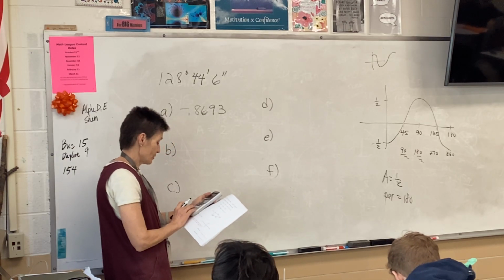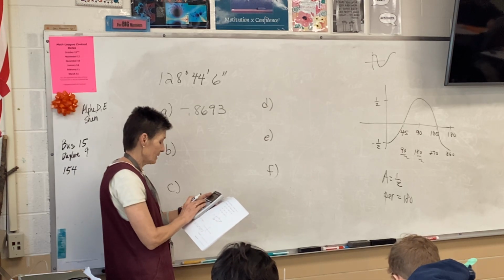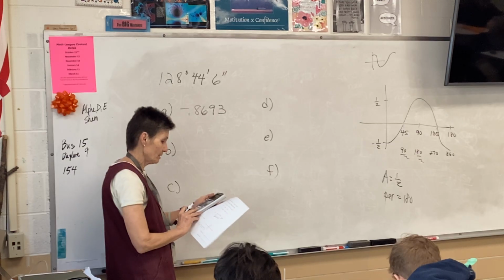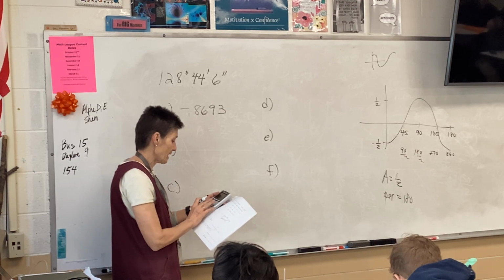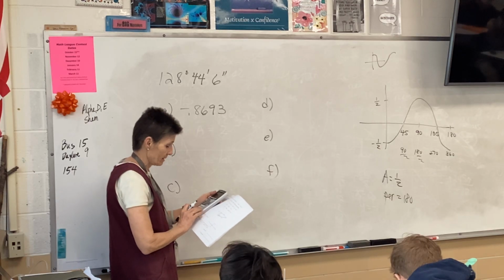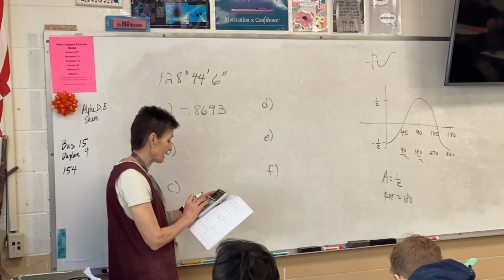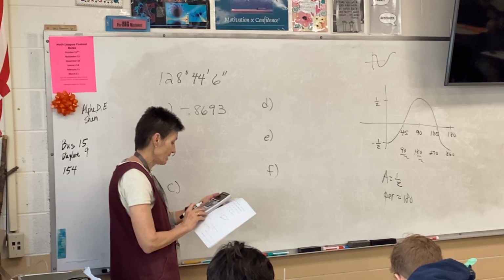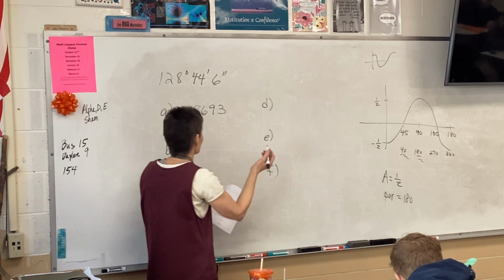So sine 52 degrees, 11 minutes, 12, oops, I just did second, I need alpha plus. 0.7900.